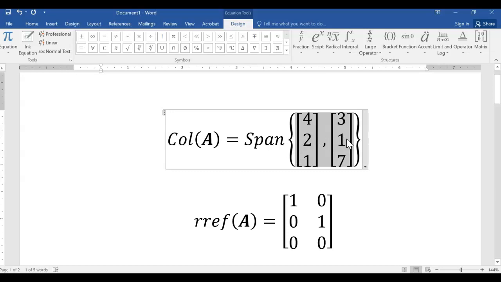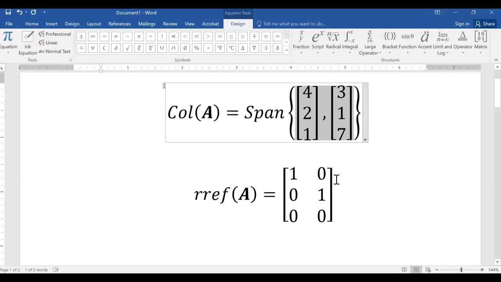Now you can check linear independence by just row reducing our matrix A. If you row reduce our matrix A, you'll get 2 pivot columns. That means that these 2 vectors are not linear combinations of each other. So what's that mean? That means these 2 vectors are linearly independent, and the column space of A is the span of those 2 vectors.